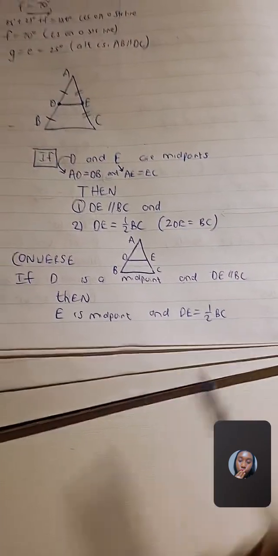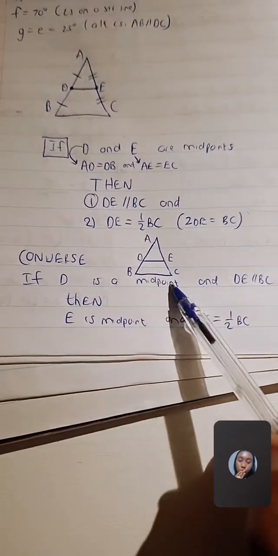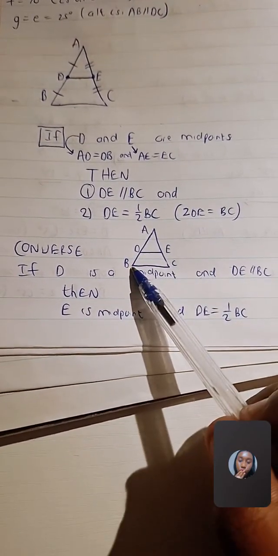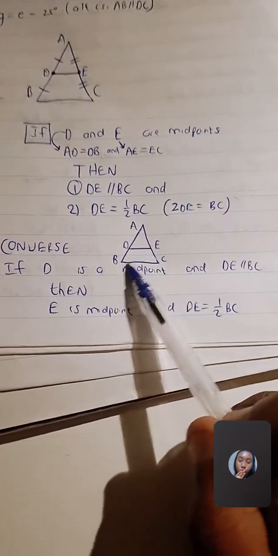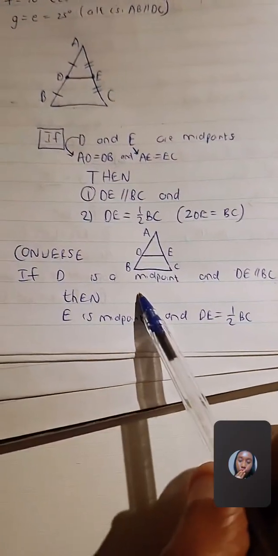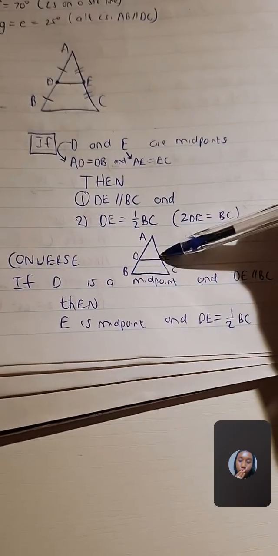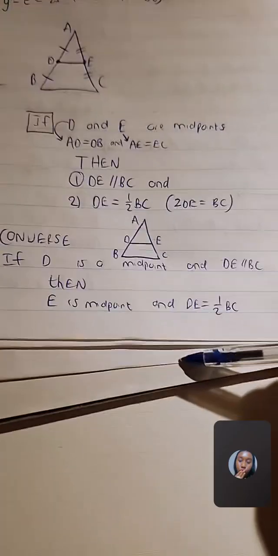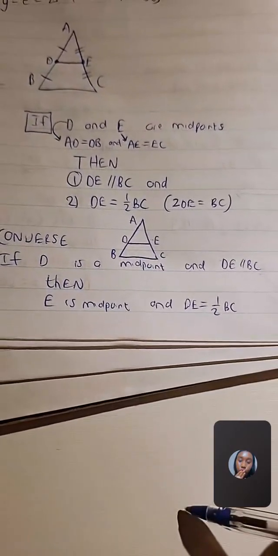This is the converse of the midpoint theorem. Let me repeat this again. If D is a midpoint, in other words, AD is equal to DB, and DE is parallel to BC, then what can we conclude? It means on this side, E is a midpoint, and DE is half of BC.